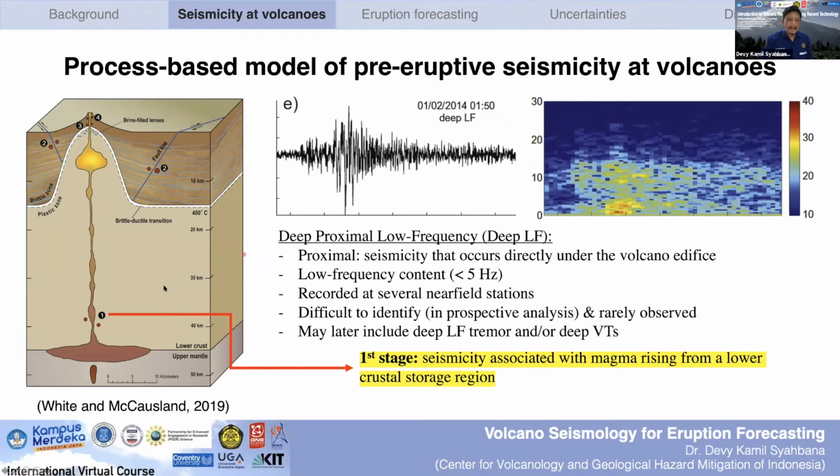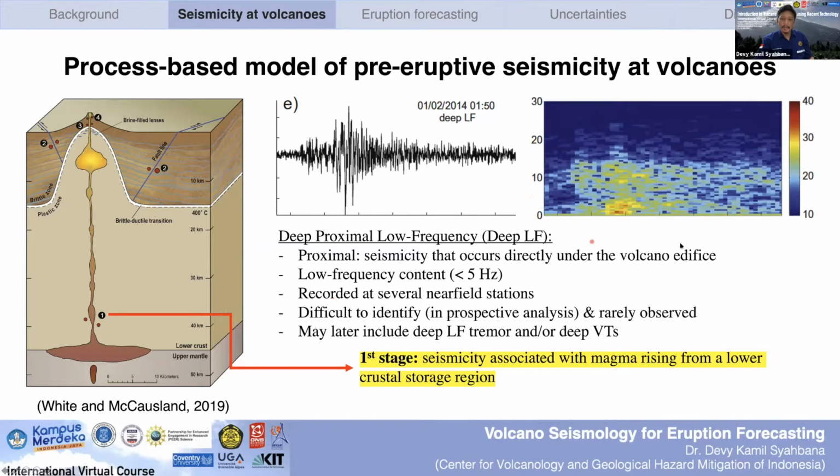But if you manage to detect these events, it may later include a deep LF tremor. So from this short duration deep LF, it may become longer and form LF tremor or deep VTs afterwards. But this is difficult. Once again, it is difficult to observe.